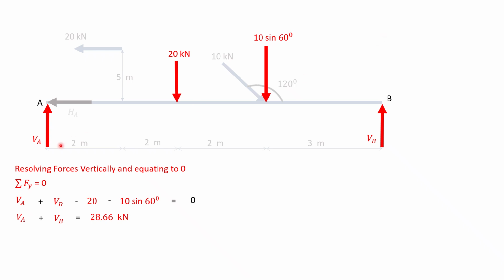VA directed to positive y-axis plus VB directed to positive y-axis plus 20 directed to negative y-axis, minus 20, 10 sin 60 directed to negative y-axis, minus 10 sin 60, equal to 0. VA plus VB equal to 28.66 kilonewtons.